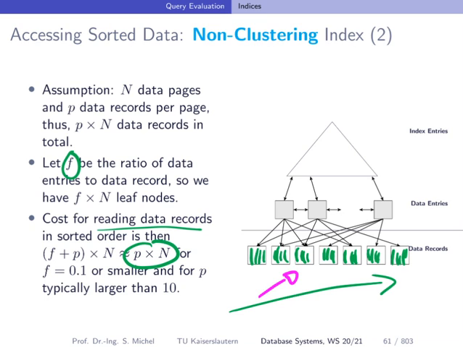And this holds for small values of f, obviously, which is usually the case, and for values of p typically larger than 10. So there are 10 or more entries per data page. And that's of course not good, because we have to read many data pages, and that's not really the purpose why we should use an index if we're not gaining anything from using it. But again, often this depends in general on many factors, like how does the data look like and what is the query range we want to have, so how much data we want to read.